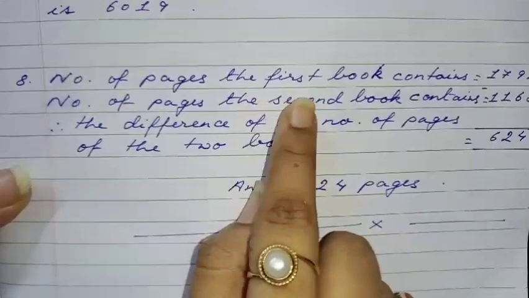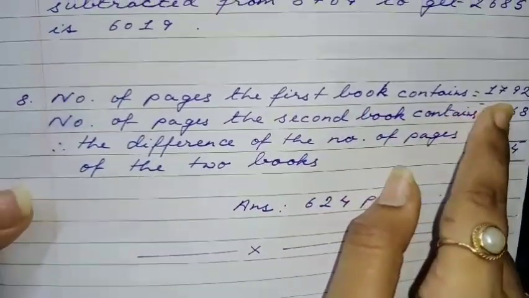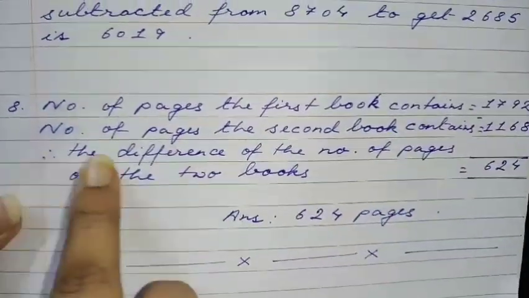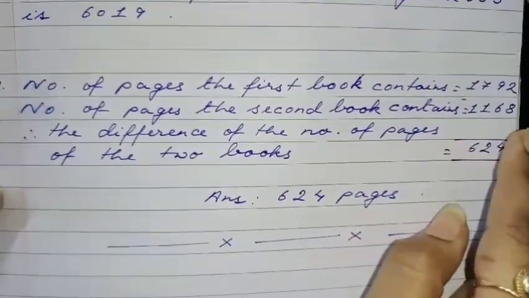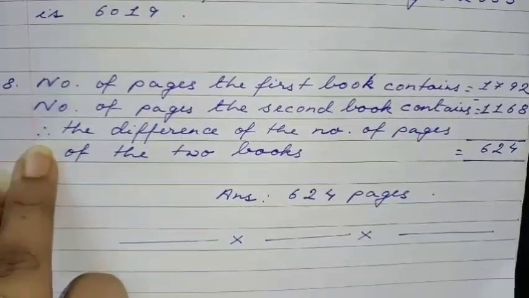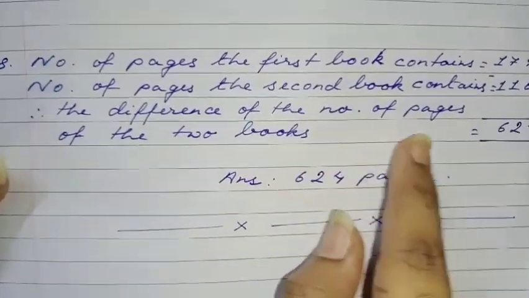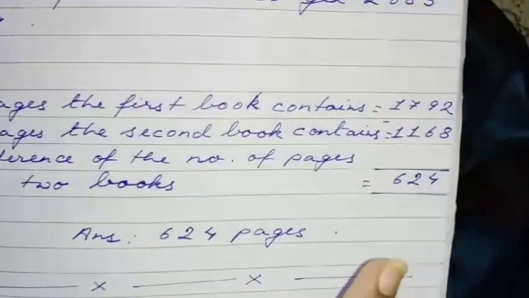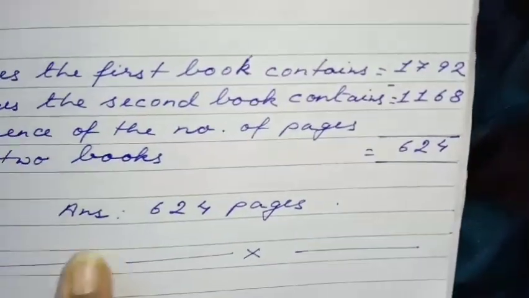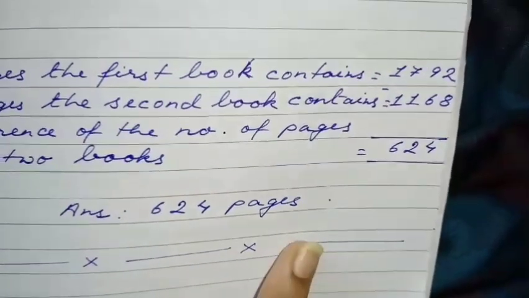So, number of pages the first book contains equal to 1792. Number of pages the second book contains equal to 1168. Therefore, the difference of the number of pages of the two books equal to, just subtract these two and write the answer. Answer 624 pages.